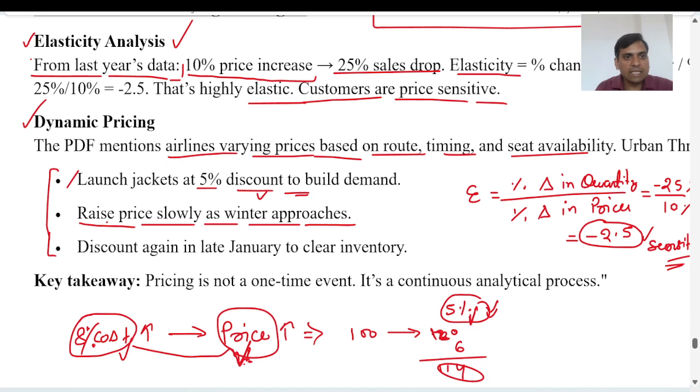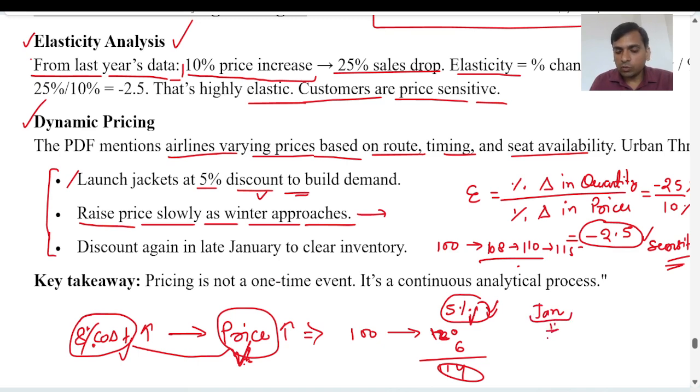And the second option is to raise the price slowly as winter approaches. So you need to increase the price slowly, not directly to 120. First increase the price from 100 to 108, an 8% increase, then to 110, then 110 to 115. So slowly increment the price, and discount again in late January to clear inventory. In the month of January, the winter is near its end. Now there is no need to hold the inventory because there is no profit in holding winter clothes.